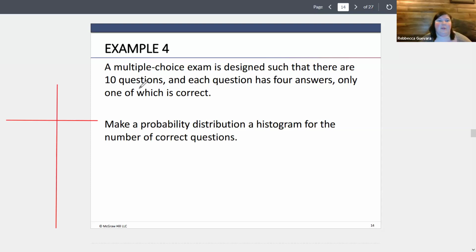So if we go back to this problem we had earlier with the multiple choice exam, we want to make a probability distribution for the number of correct questions. So we can have a choice of 0, 1, 2, 3, 4, 5, 6, 7. I need to make a little more space here.